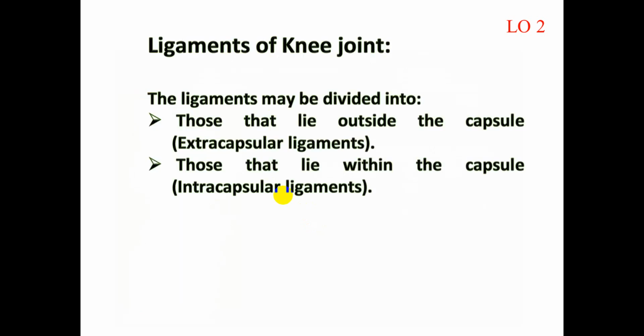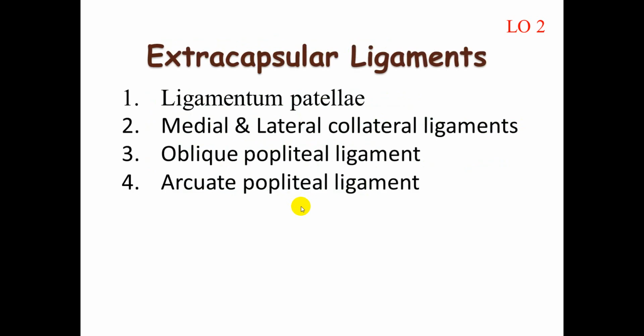The ligaments are important stabilizers in the knee joint, and they are divided into those that lie outside the capsule, the extracapsular ligaments, and a group of ligaments within the capsule, named intracapsular ligaments.